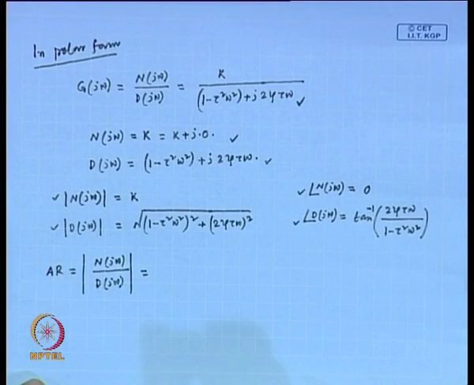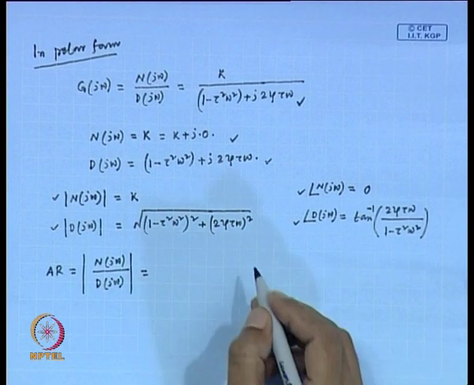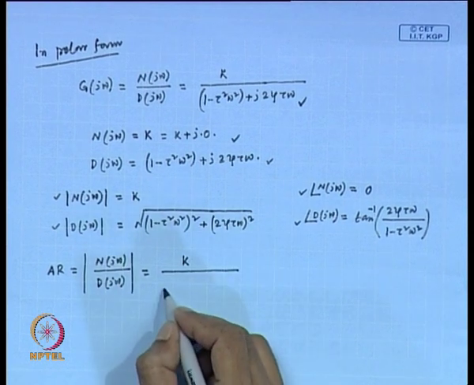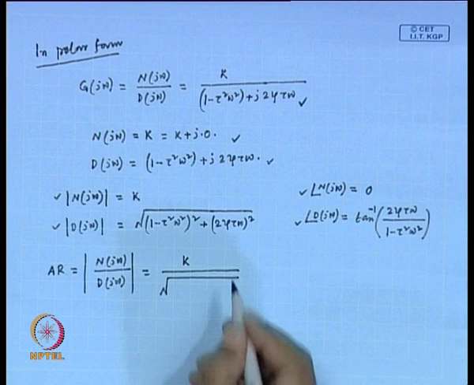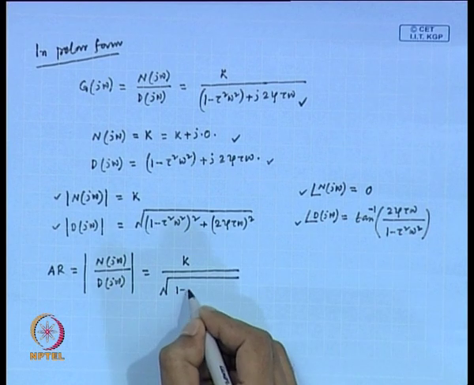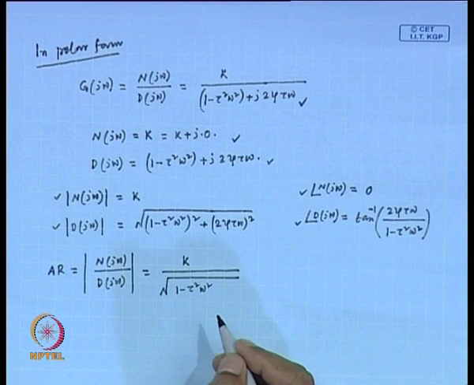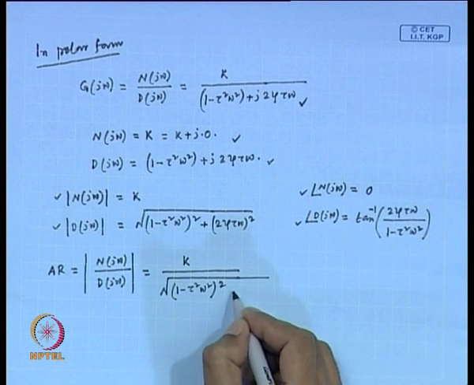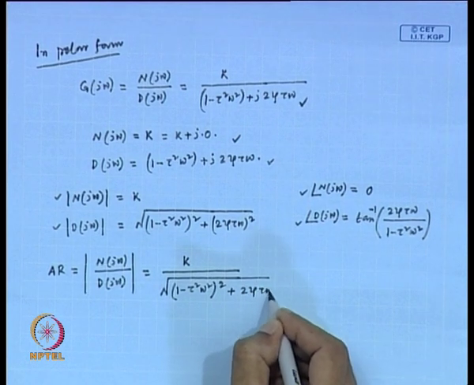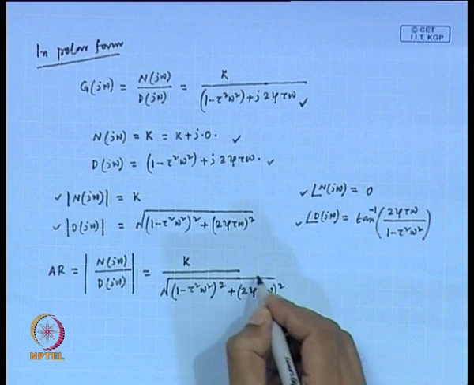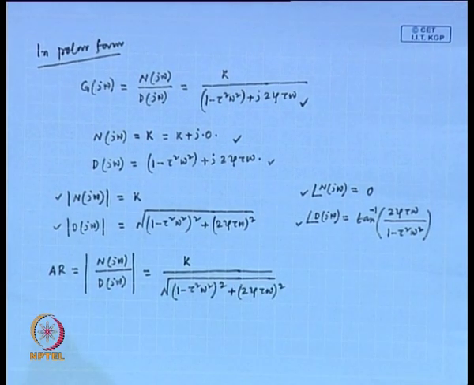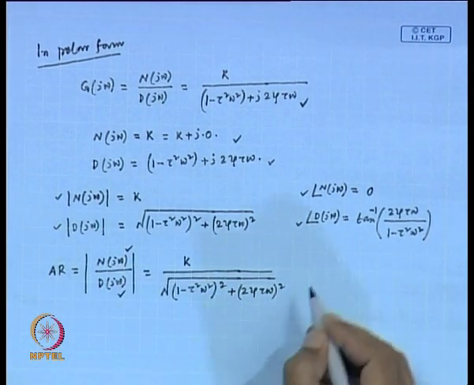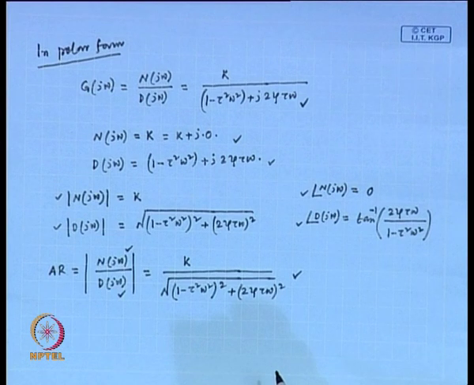If we substitute the magnitude of N and D, we obtain K divided by root over of (1 minus tau square omega square) whole square plus (2 zeta tau omega) whole square. After substituting the magnitude of N and D, we obtain this form for amplitude ratio.